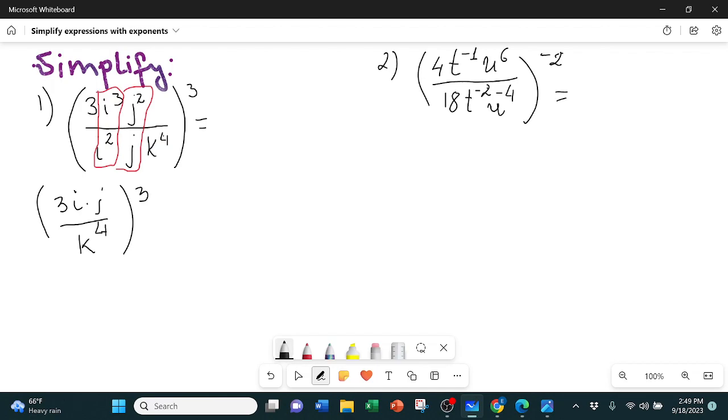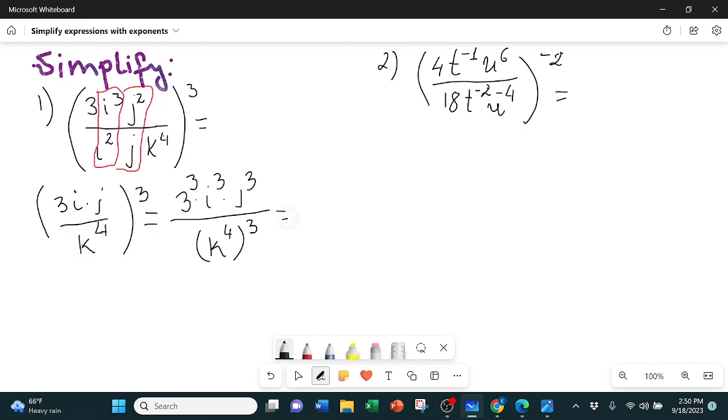Now we have a power of 3 applied to each term, so it's going to be 3 to the third power times i to the third power times j to the third power, and then k to the fourth, and then the whole thing to the third power. So each term inside parentheses got to the third power.